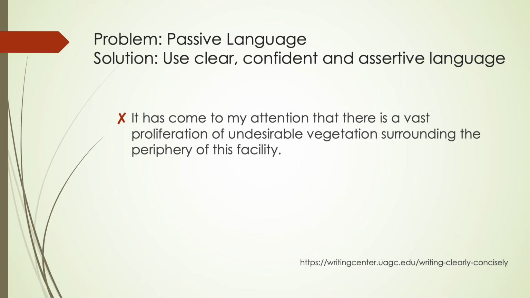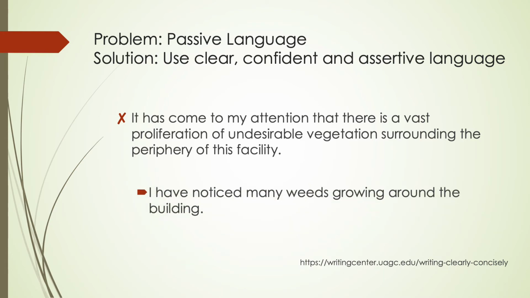We want to sound educated, and that comes from your content and how you structure your paper, not by looking through the thesaurus and picking out the best sounding words. It's best to have clear, confident, and assertive language like this. "I have noticed many weeds growing around the building." So less is more in our academic papers.